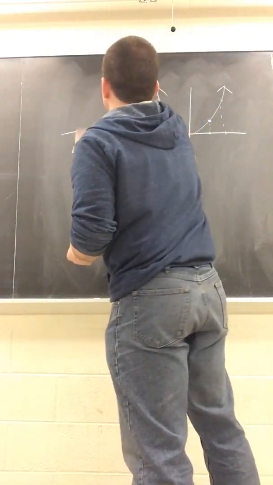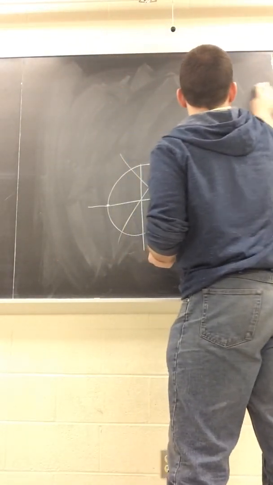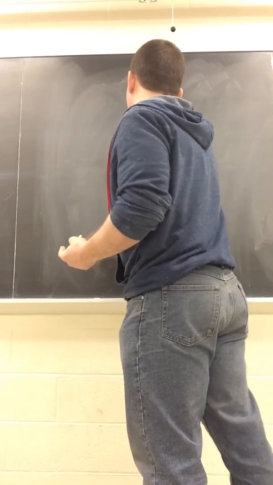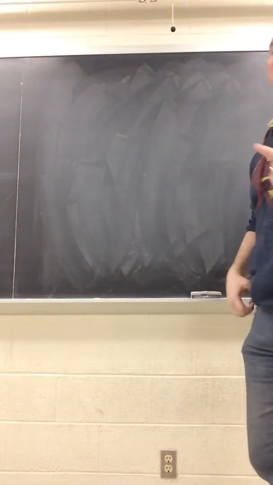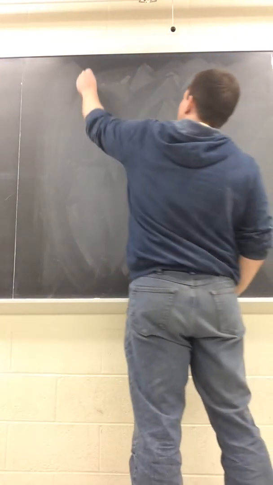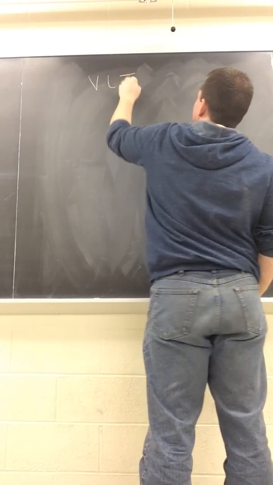As far as it goes to determine if something is a function or not, we have a test. We're not going to do the algebraic test, we're going to do the graphical test, and it's what's called the vertical line test.